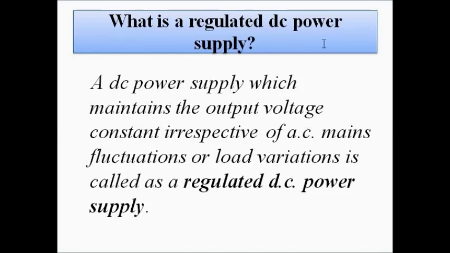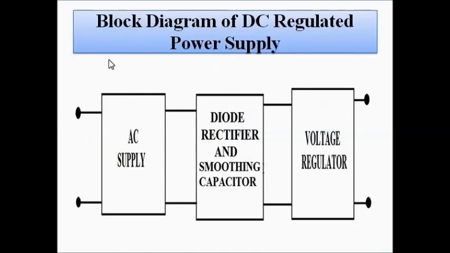So that is the reason why we need a regulated DC power supply. It converts the 230 volt 50 hertz AC supply into a required DC level, be it 5 volt, 8 volt, 12 volt, or 24 volt, whatever the requirement is, but it should be DC.